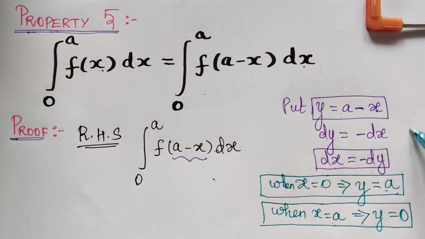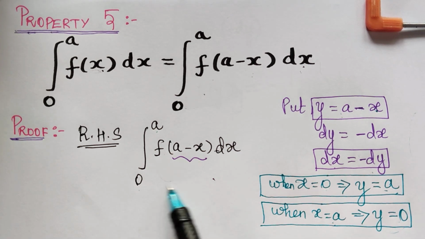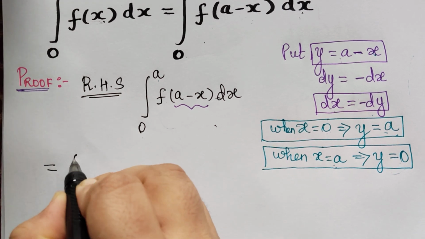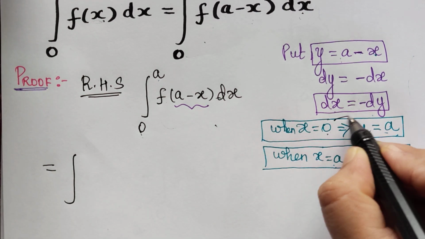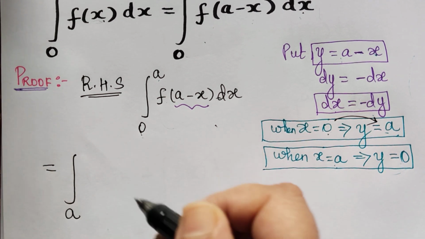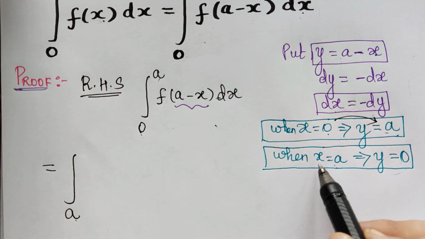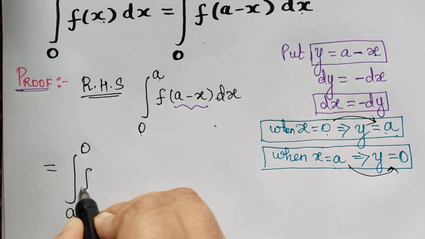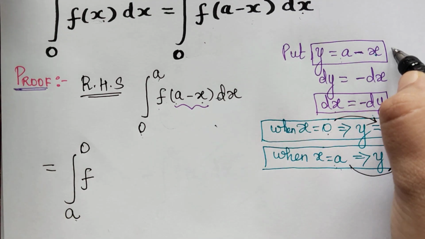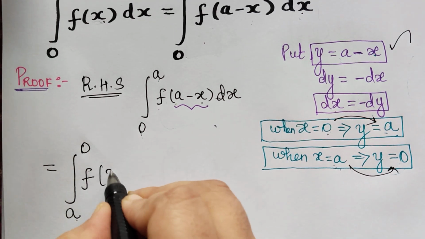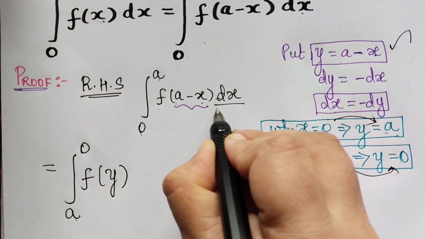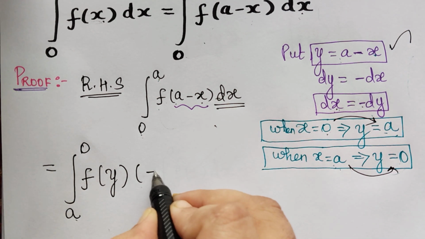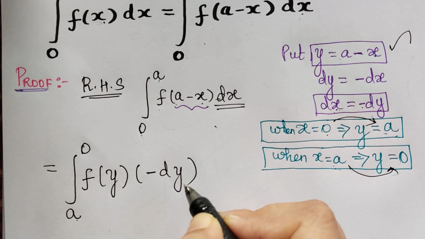Now we will make all these substitutions in our integral. So this integral will be equal to integral, instead of 0, it has been changed to a. So a to the upper limit, which is changed to 0. Now f of, what is a minus x? It has been substituted as y. So f of y multiplied with dx. dx has become minus dy.